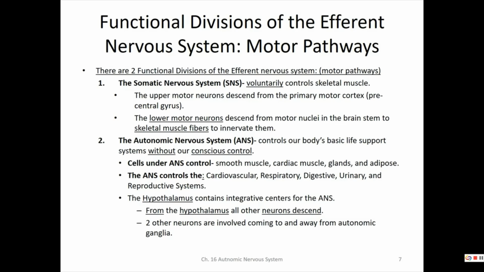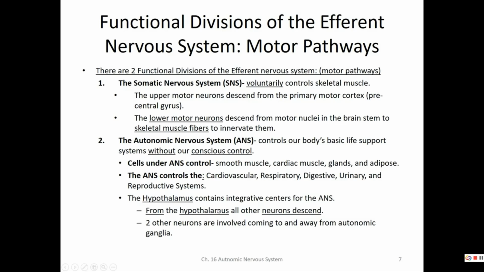Now, the hypothalamus is the integrative center for the autonomic nervous system. So instead of having that upper and lower motor neuron, the first neuron is up in your hypothalamus. That neuron comes down from the hypothalamus. Then there's two other neurons, and they're either going towards or away from autonomic ganglia.